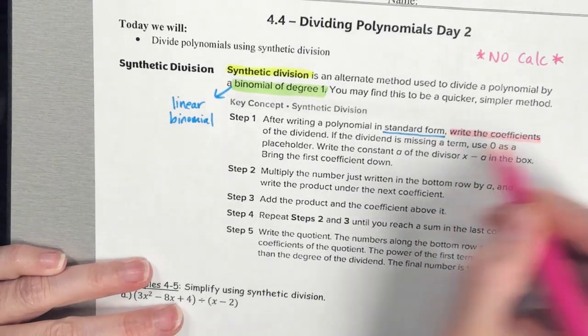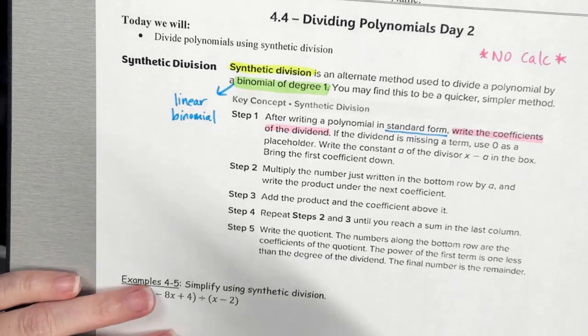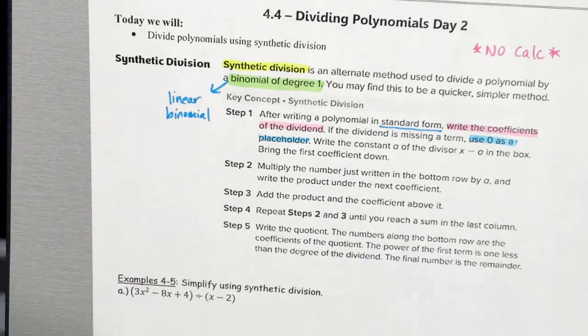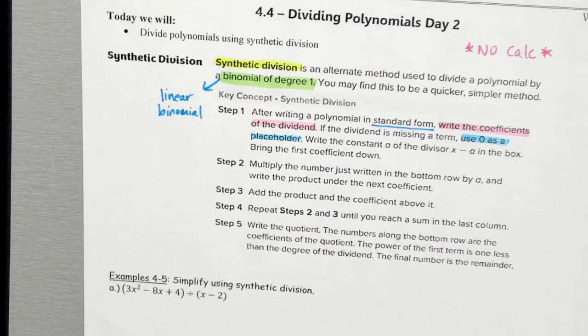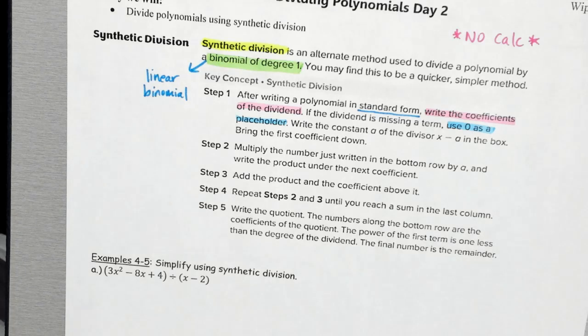If the dividend is missing a term, you have to use 0 as the placeholder, which is something that we saw yesterday. And we talked about how in some cases it's really helpful, in other cases it's not. For this one, you have to use 0 as your placeholder for a missing term.